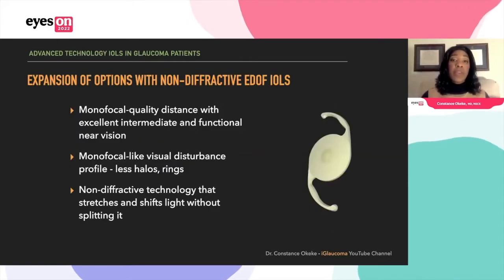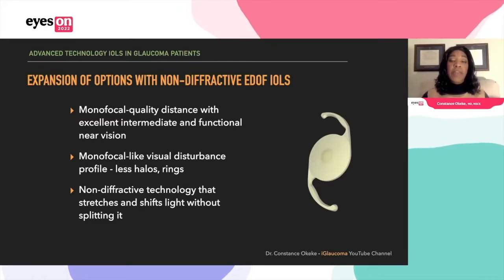So as we have been expanding in technologies, we have expanded in the area of extended depth of focus IOLs with non-diffractive technology. Now, this allows for monofocal-like distance, also with excellent intermediate and very good functional near.